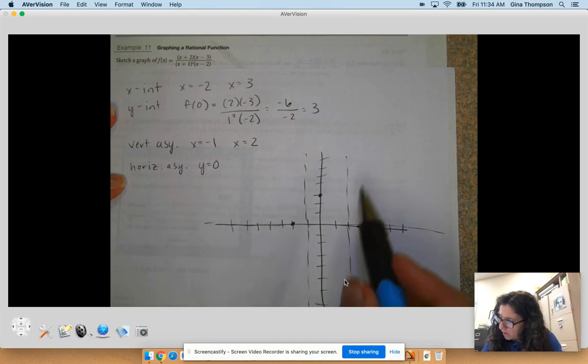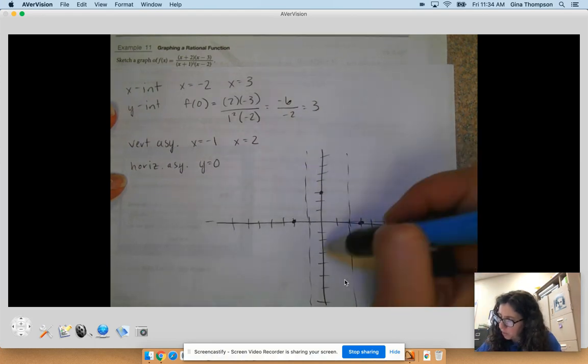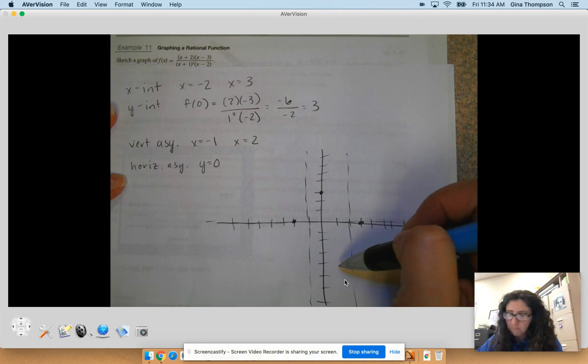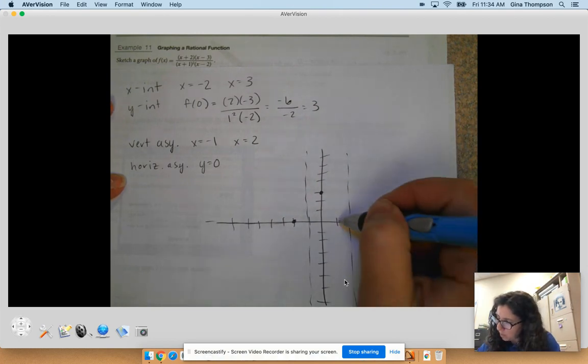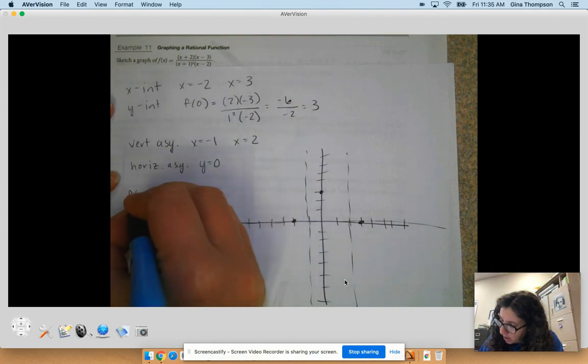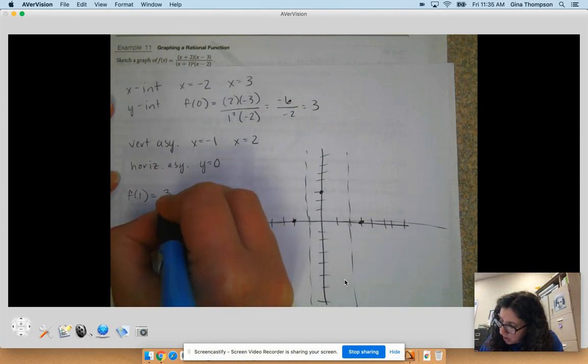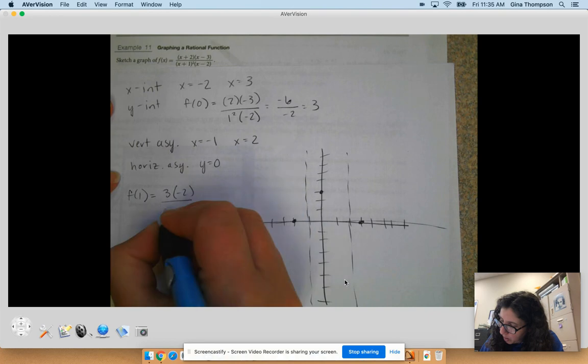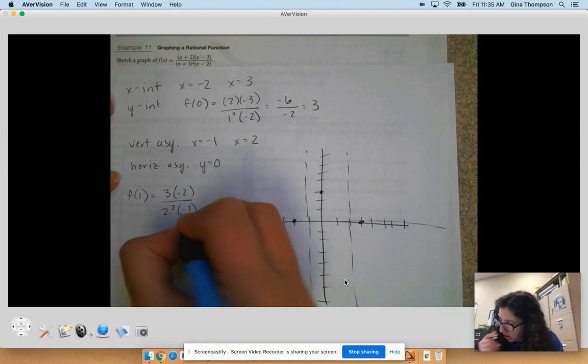Okay. Wonder if this goes up or if this goes down. What happens at 1? Let's just plug that in. We're going to get, at f of 1, 3 times negative 2 over 2 squared times negative 1.